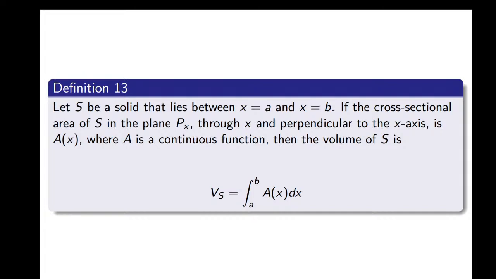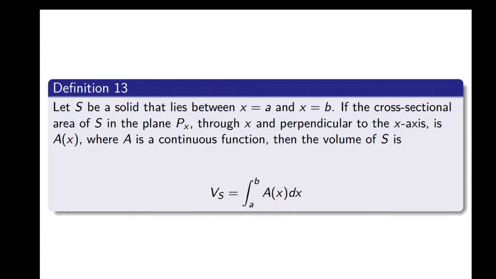Now let's look at the volume of rotation, the solid of rotation. We have two different methods that we'll use to compute the volume of a solid object with the cross-section area being A(x).